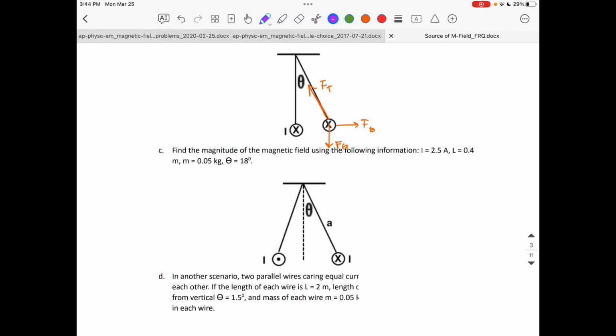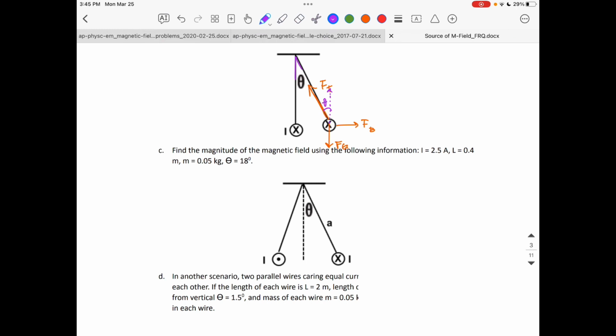Okay, so for C, it says find the magnetic field using the following information. We've got a component of the tension force pointing upward, and since the angle is here, alternate interior angles translates it there.